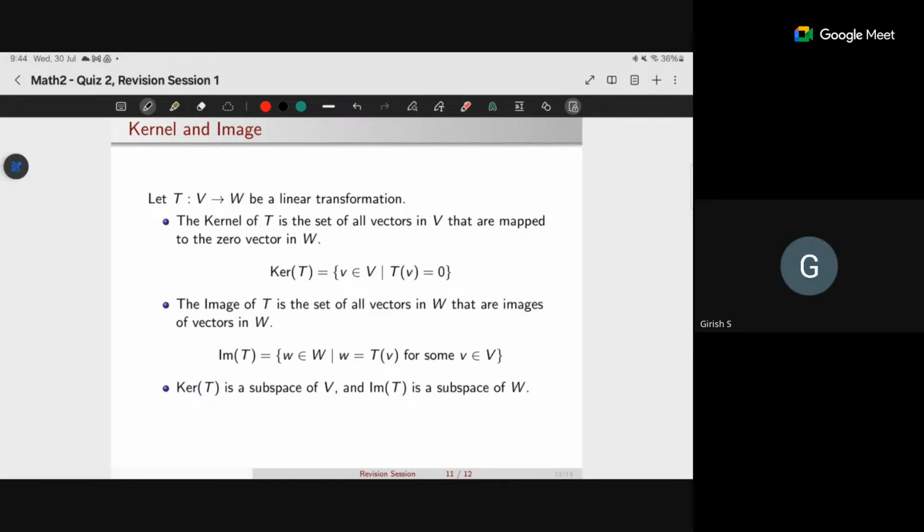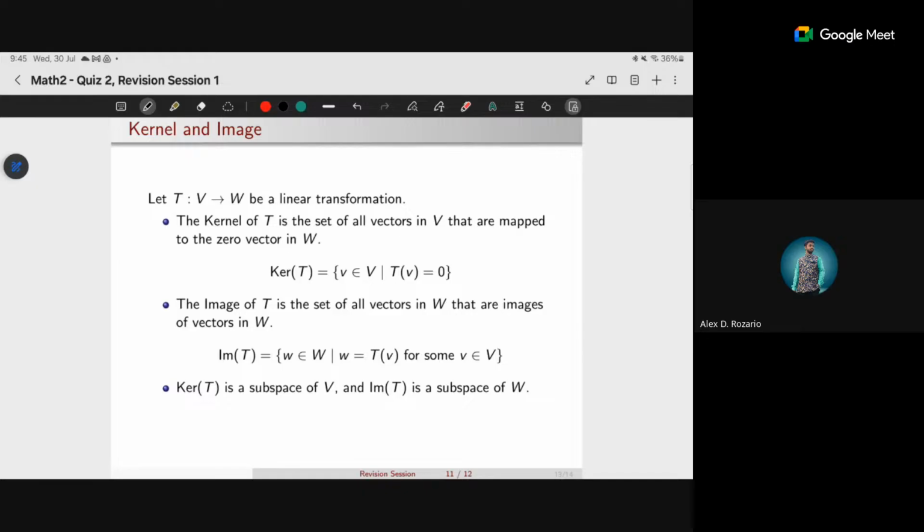Kernel, as we discussed earlier, is related to injectivity of the transformation. Image of T is the set of all vectors that are images. For surjectivity, the image should be trivial in the sense that it is the whole space. So the trivial subspaces are the 0 space and the whole space, right?